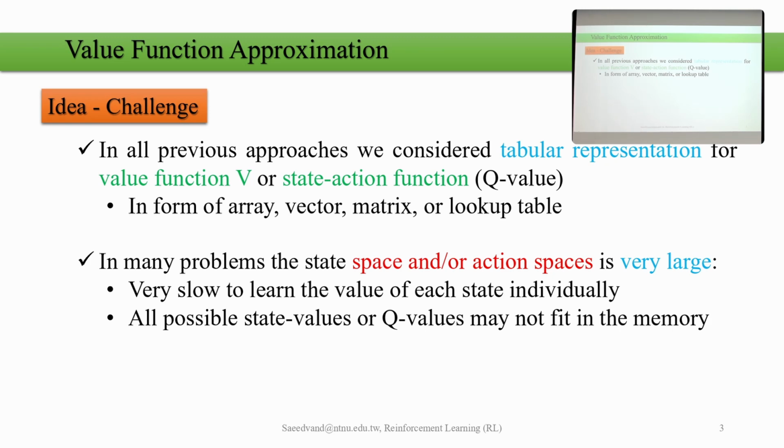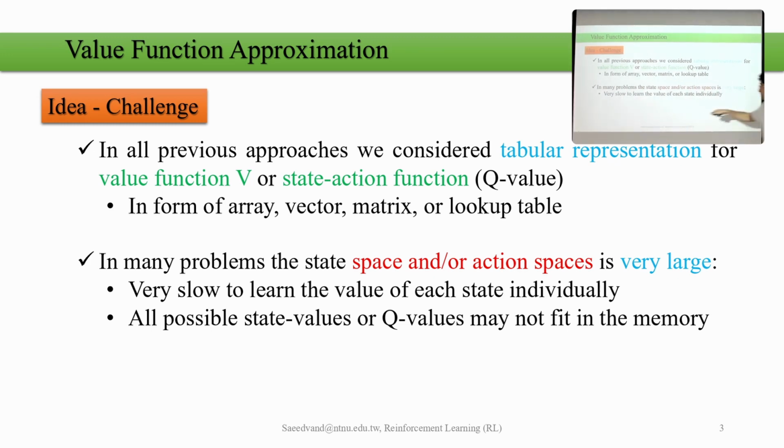With a lookup table, searching inside is time consuming, but speed is not the critical point here. The critical point is the memory problem, because it can grow to terabytes of memory that you need. As I explained, the state and action space for some problems can be very large and very slow to learn the value function of.